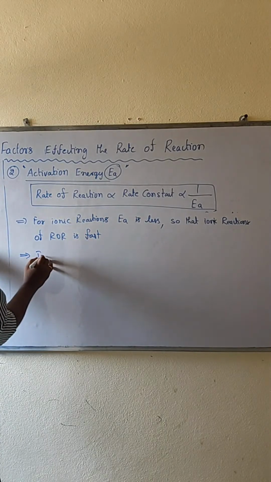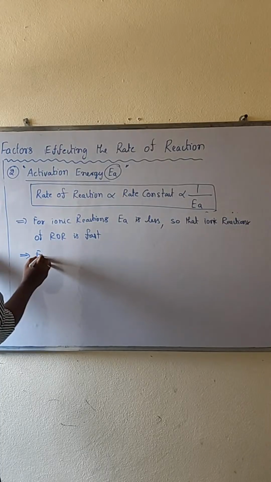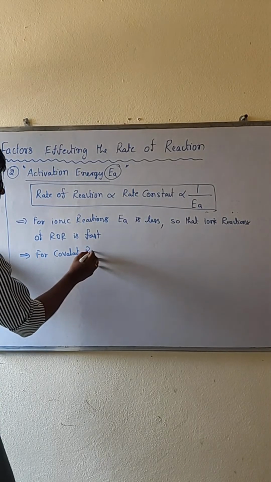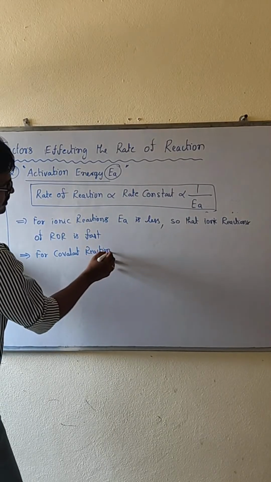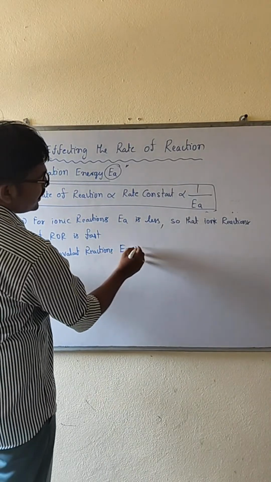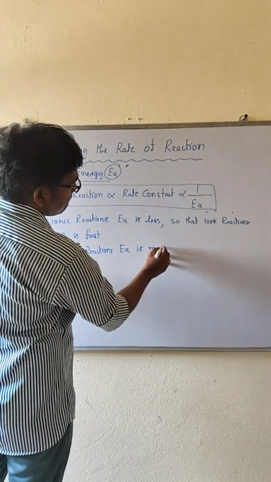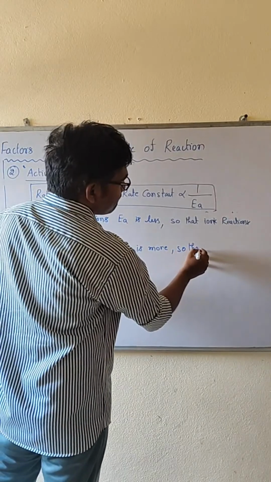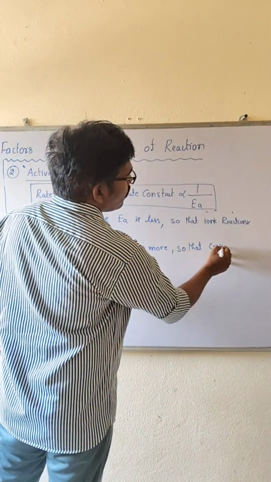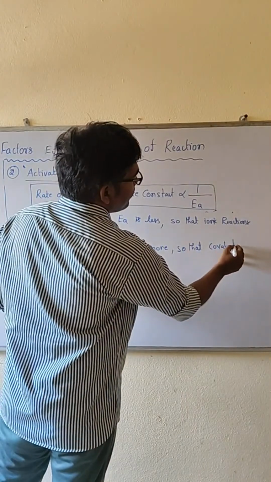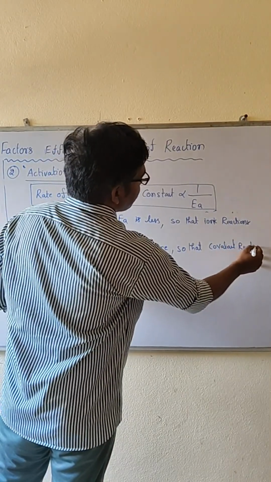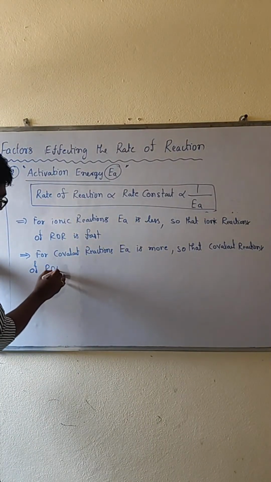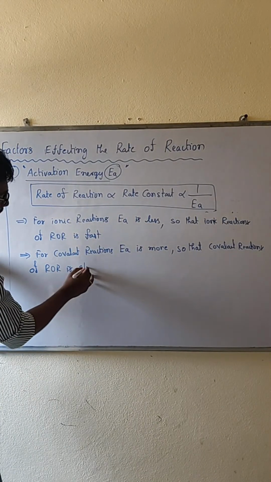Then for covalent reactions, activation energy is more, so the rate of reaction is slow.